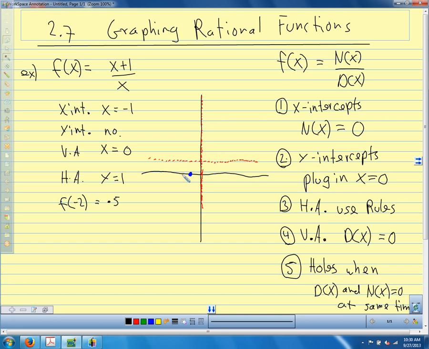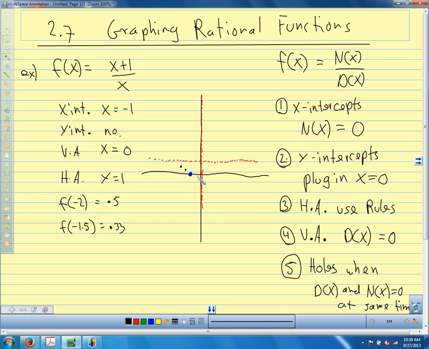So f of -2 here is up here. f of -1.5, when I calculate that out, I get 0.33. So I get a point there.